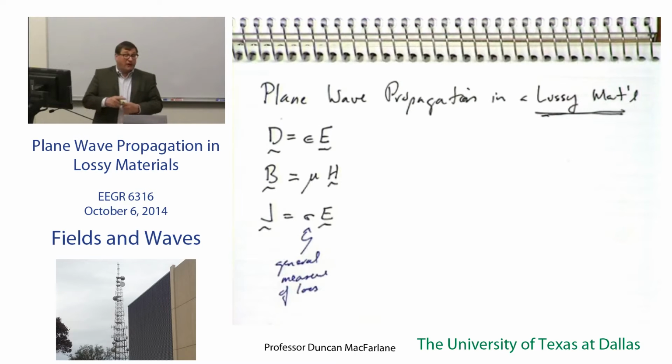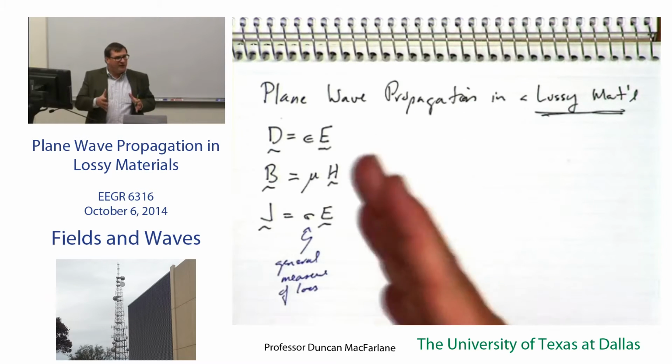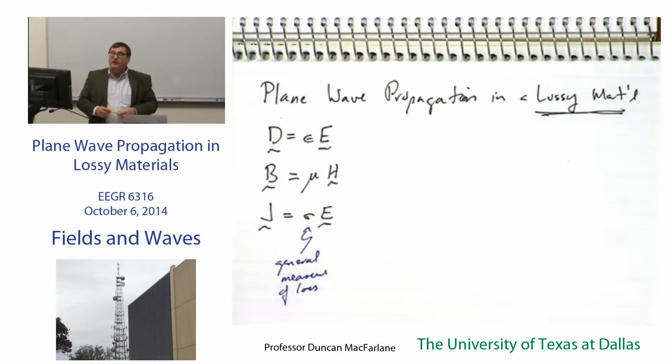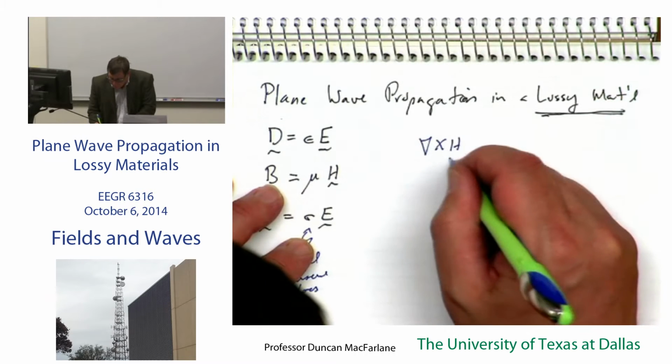And that holds exactly right if it's the literal metal interpretation. But I want to expand that interpretation a bit to include any old loss that robs energy out of the electromagnetics of the situation and puts it into, let's just say, heat. Keep it bounded. Okay. I have Maxwell's equations.